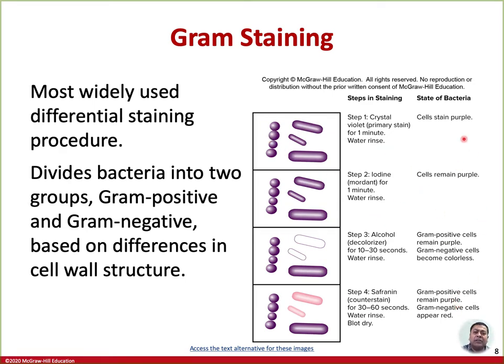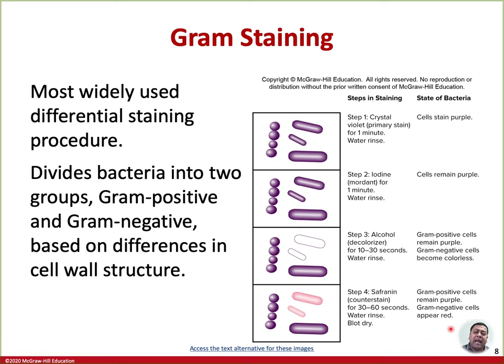The cells which keep the crystal violet, or the first stain, after decolorizing with the alcohol are known as gram positive. Again, the cells retaining the first dye will be considered gram positive. And the cells which are discolored, decolorized or destained by the alcohol application, and then take the second stain as a pinkish or reddish color, will be considered gram negative.